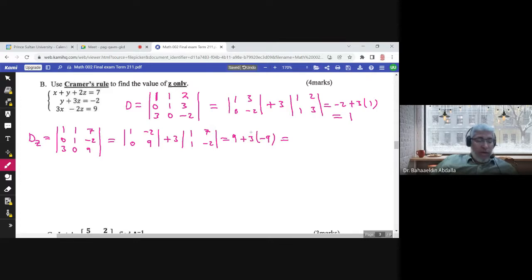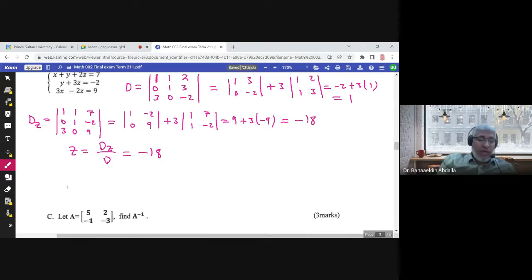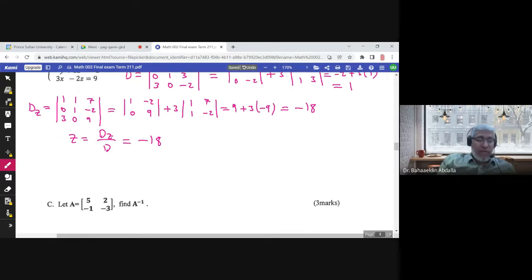So 9 minus 27 is just -18, and this is D sub z. So z is D sub z over D, so it's -18 over 1, so z is -18, and that's the answer.